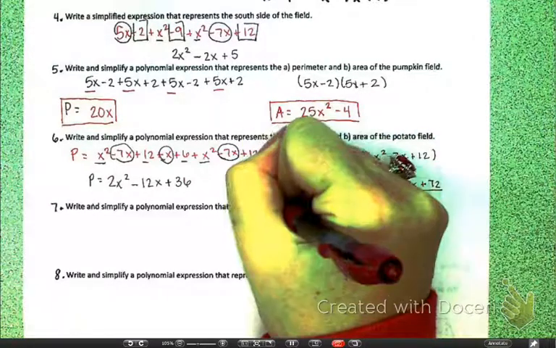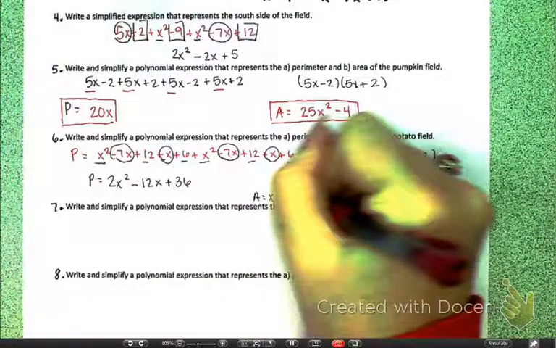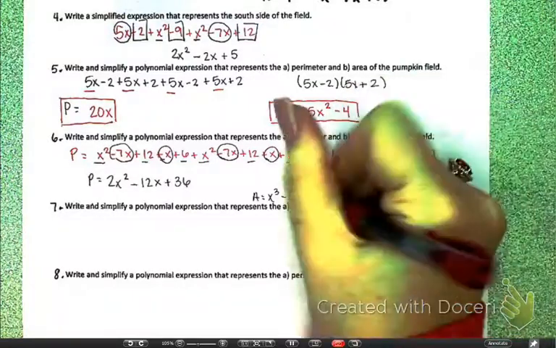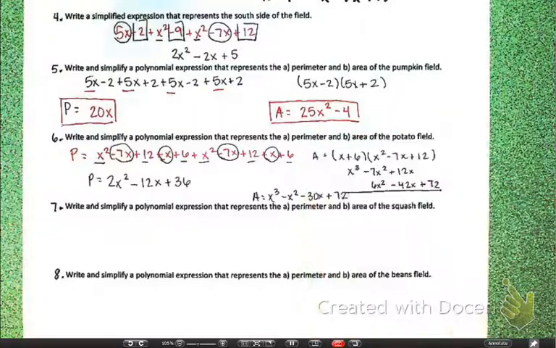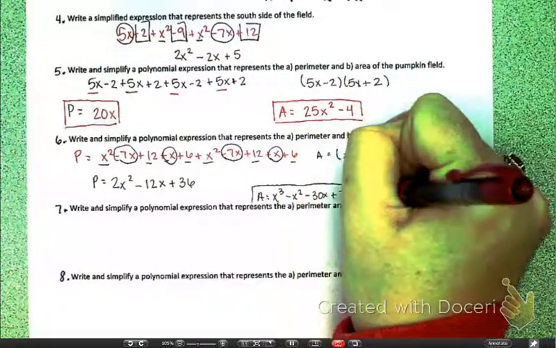So my area is x to the third minus x squared minus 30x plus 72. Did you get that when you multiplied? No? Yes? Did I do something wrong? Did anyone get that? Okay, well, a couple people did. Did you even do it on your own? Did you try to?